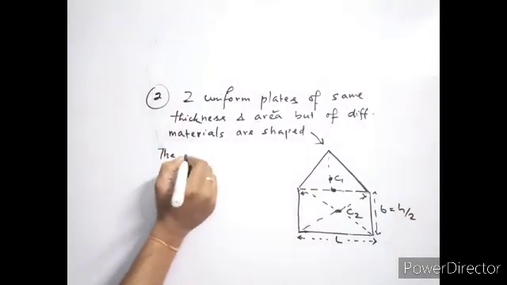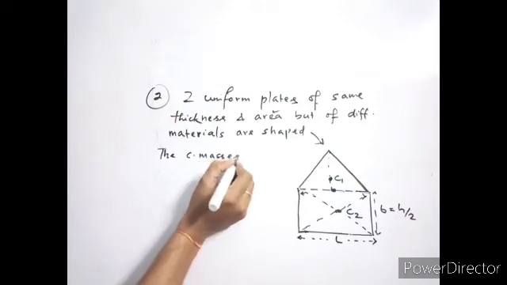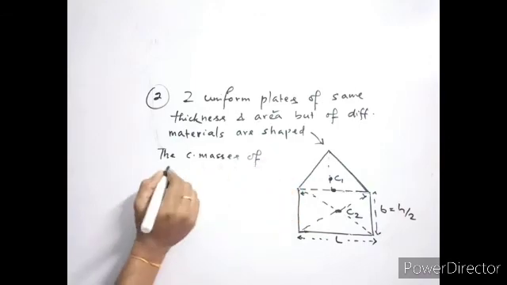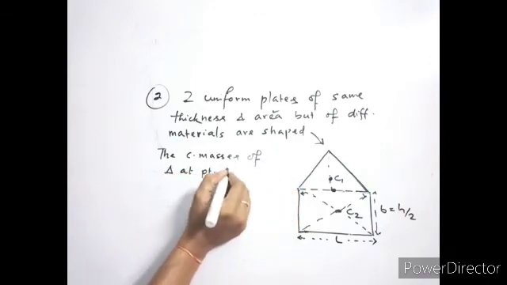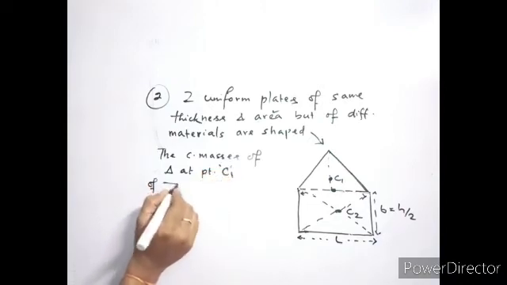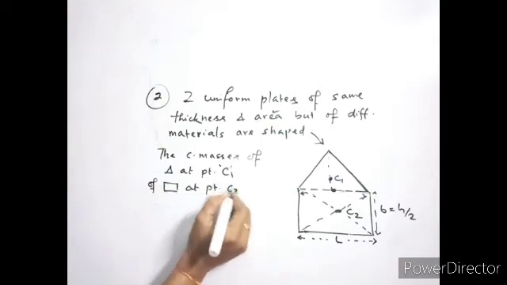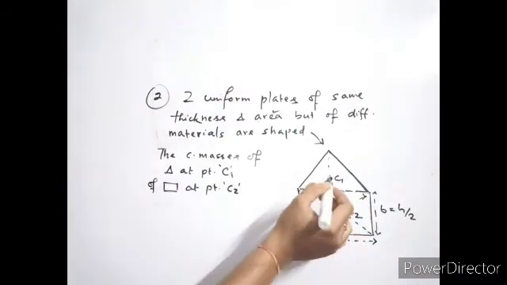Now the centers of mass of both the figures: that of the triangle is at the point C1, which is the centroid of the triangle, and that of the rectangle is at the point C2, which is at the intersection of the diagonals.